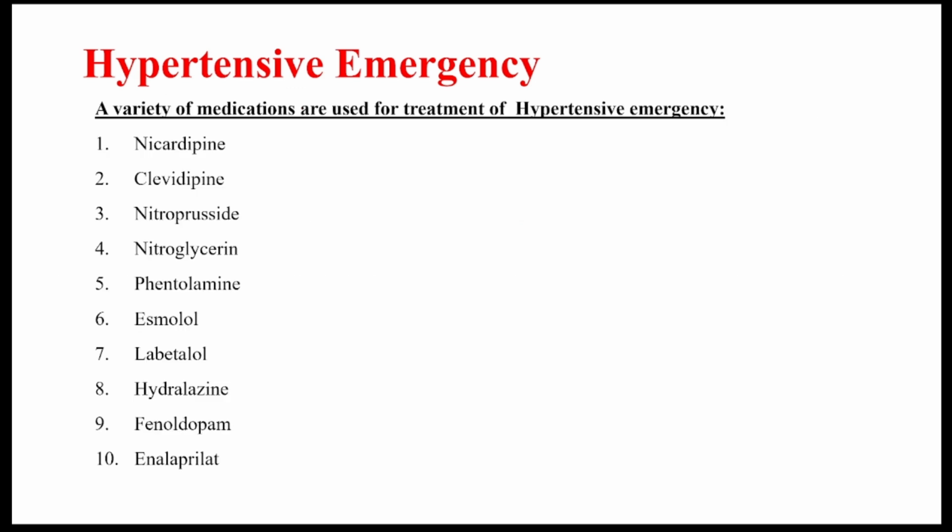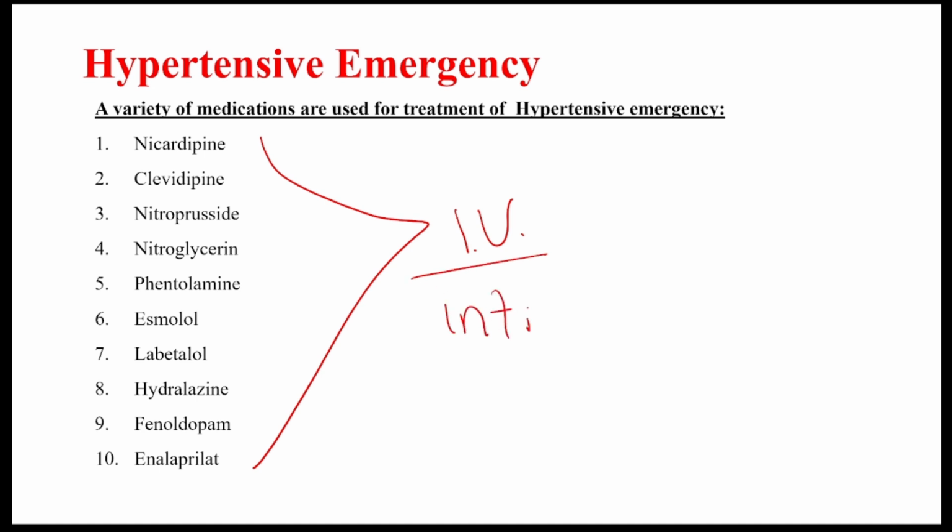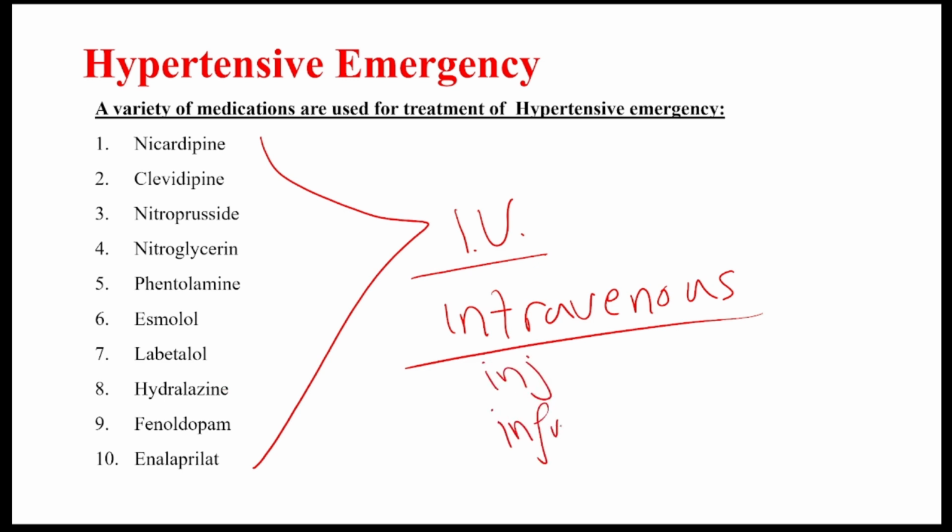A variety of medications are used for hypertensive emergency. Most of these medications are IV, intravenous injection, or could be infusion. Nicardipine, clevidipine, nitroprusside, nitroglycerin, phentolamine, esmolol, labetalol, hydralazine, fenoldopam, and enalaprilat. All these medications are available for injection.